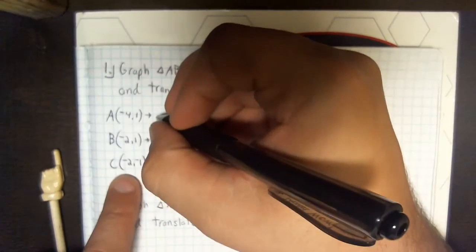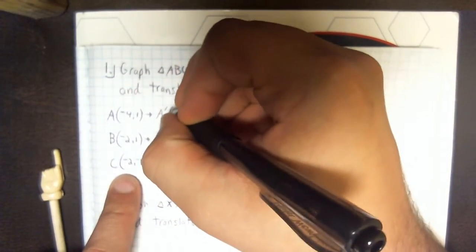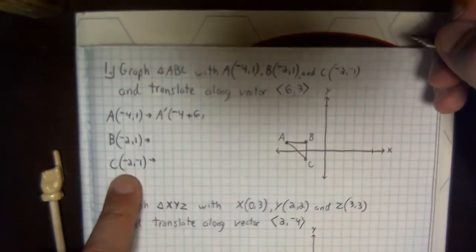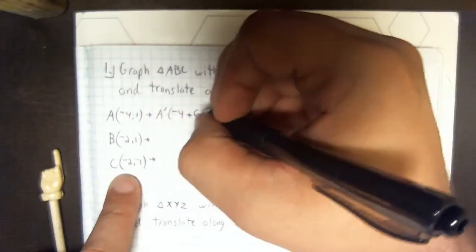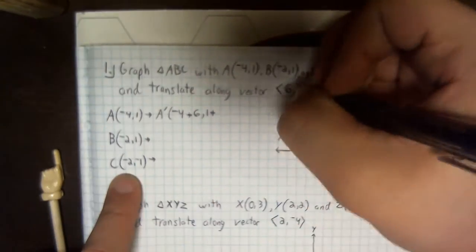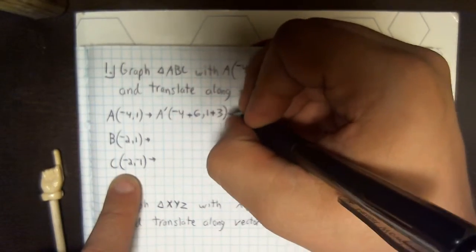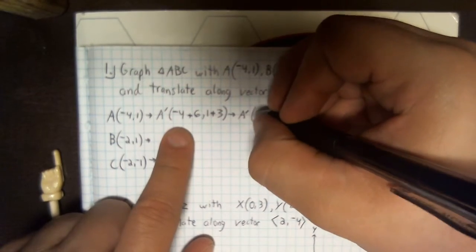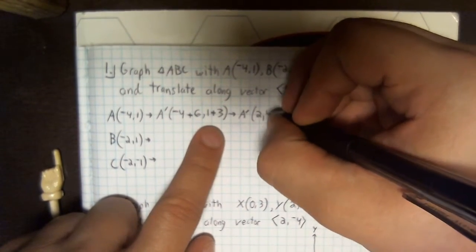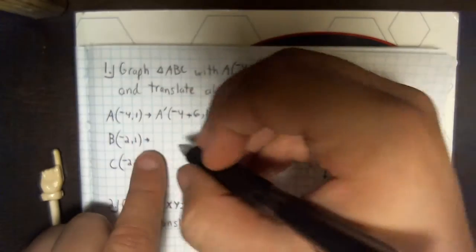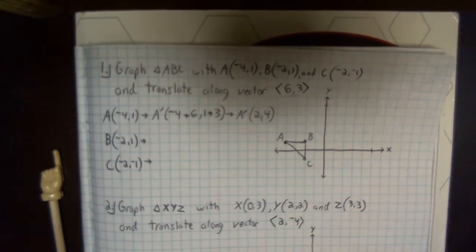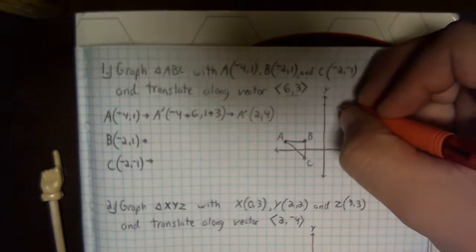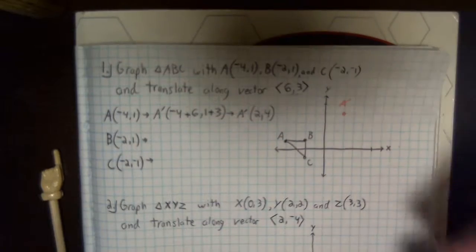So, for A prime, -4 plus 6 for its x-coordinate, and +1 plus 3 for its y-coordinate. -4 and 6 is going to give us 2. 1 and 3 will give us 4. So 2, 4, that's where A prime falls.